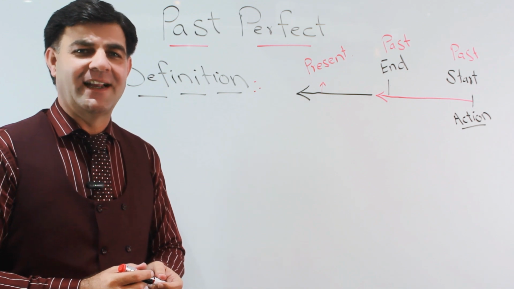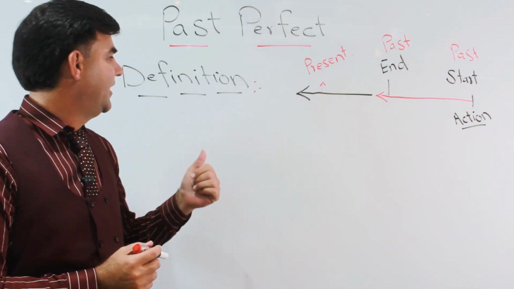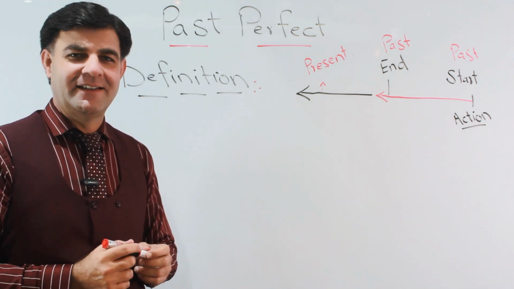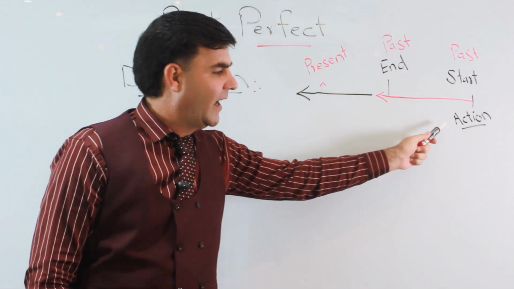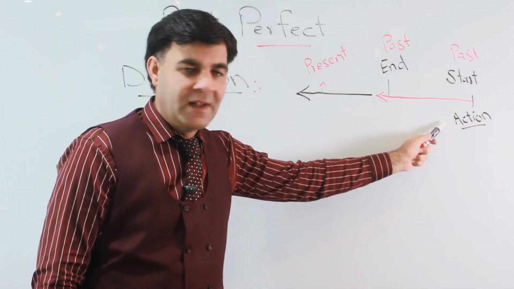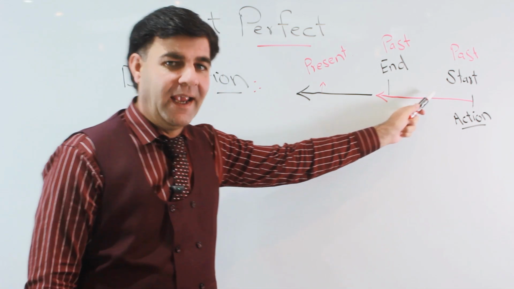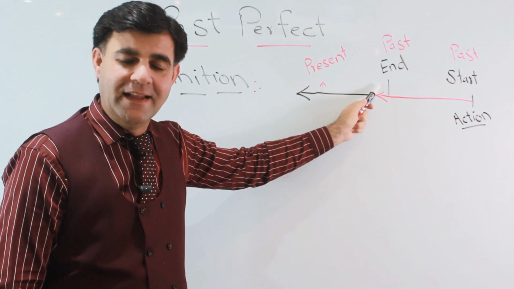Past perfect tense. So what is past perfect tense? I mean the definition. I will try to explain. Past perfect tense we use for the action that started in the past and ended or completed in the past.